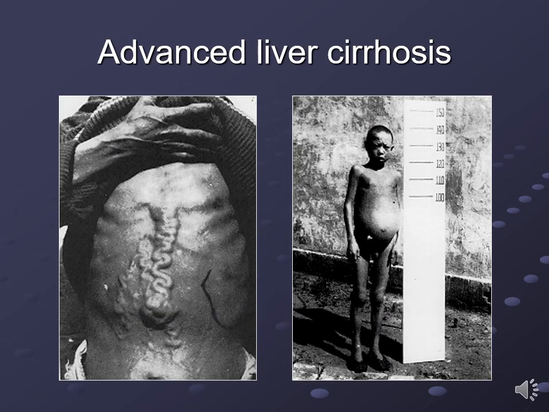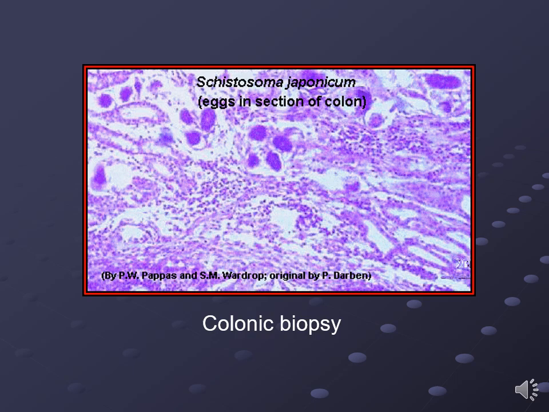Okay, with liver cirrhosis, you know that the patient will have external abdominal varices, and there would be ascites in the abdomen, that is accumulation of water and fluid in the peritoneal cavity. Schistosoma japonicum eggs in a section of the colon as well. Here there are those larger darkly staining structures.